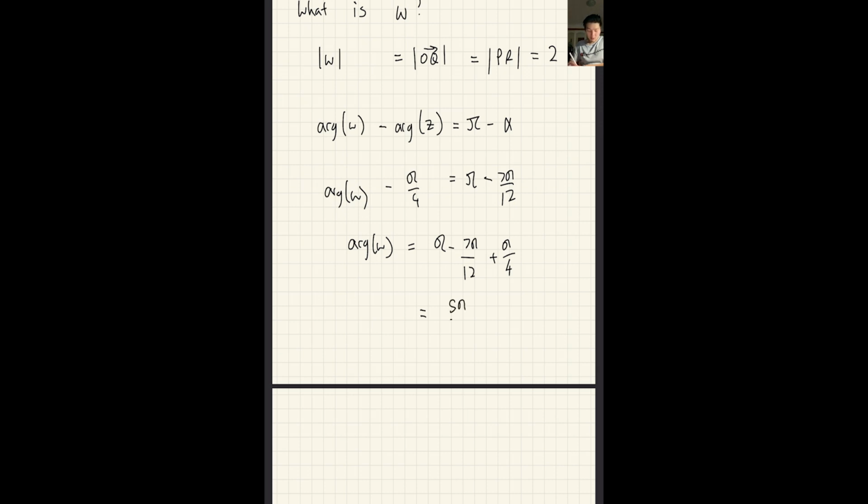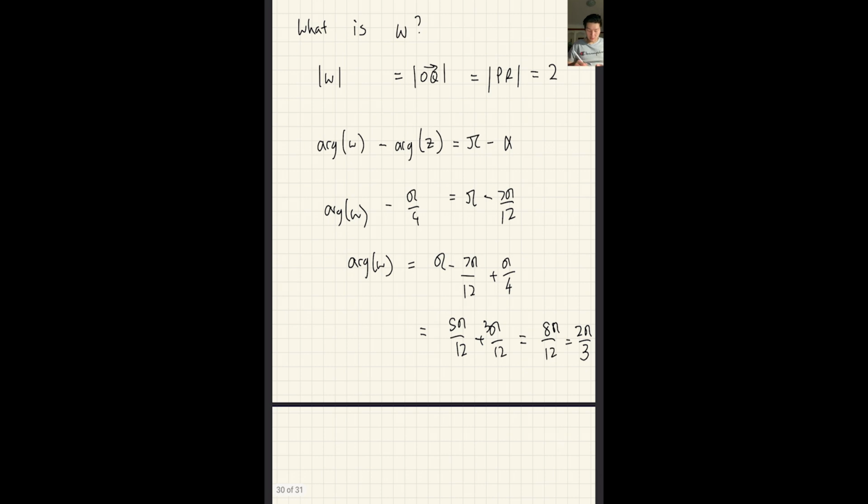So 5 pi on 12 plus pi on 4, which is 3 pi on 12, gives us 8 pi on 12, which is equal to 2 pi on 3. So that's our arg w. We now know that omega is equal to 2 cis 2 pi on 3.